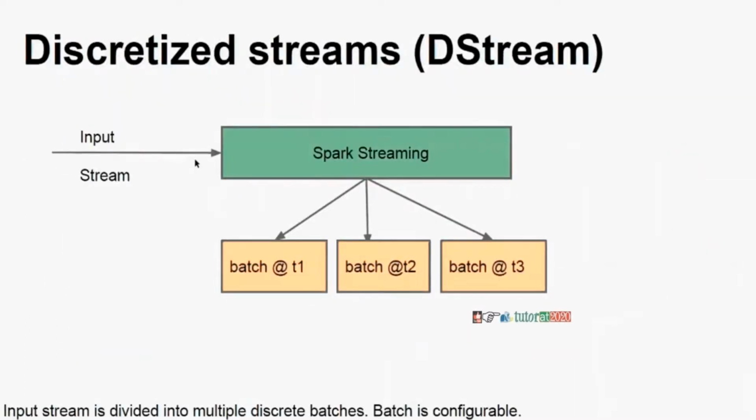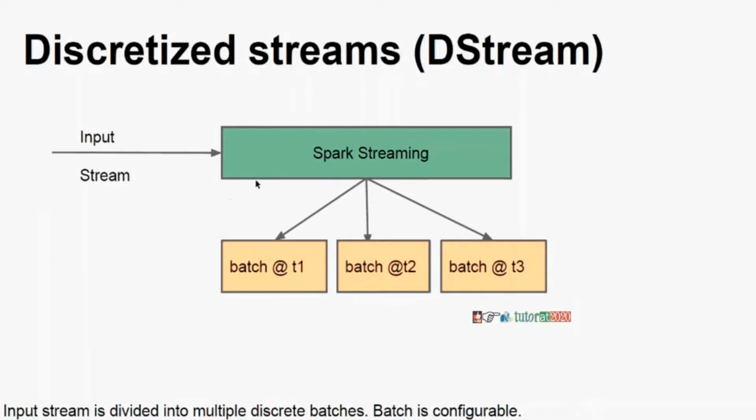So when you have, say, data from some input stream, some streaming sources, the Spark Streaming API allows you to create this into discrete streams, which is nothing but what you call a micro batch.